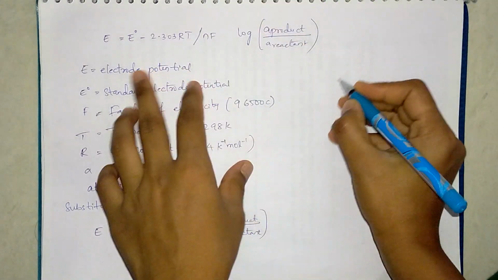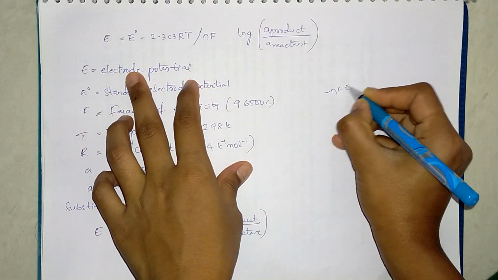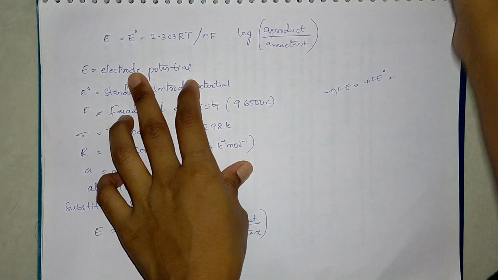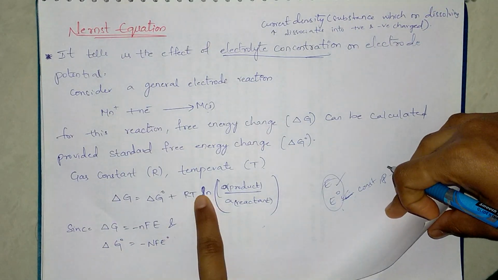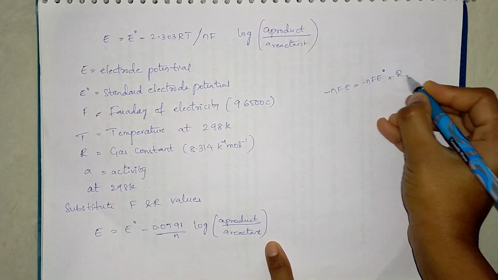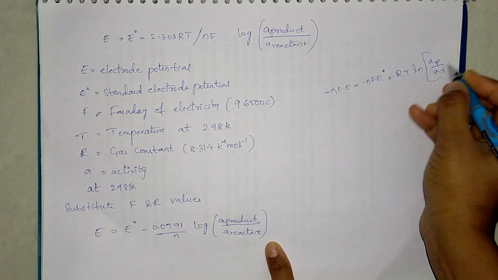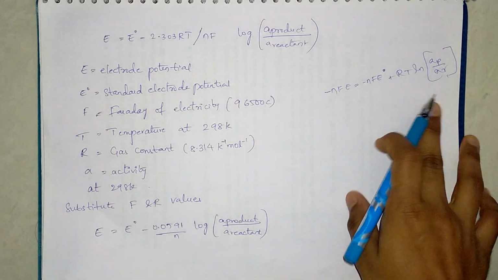Minus nFE equals minus nFE naught plus RT ln a of product by a of reactant. I'm just writing this normally.